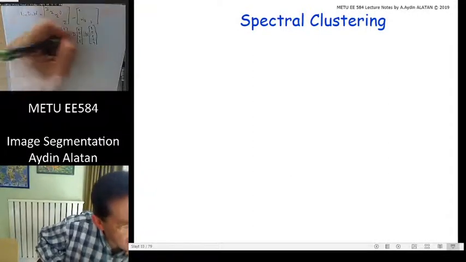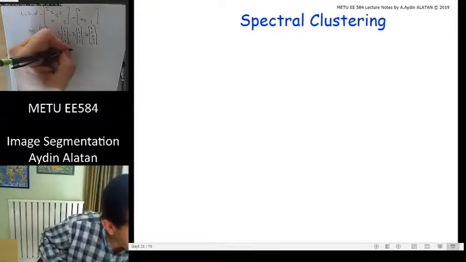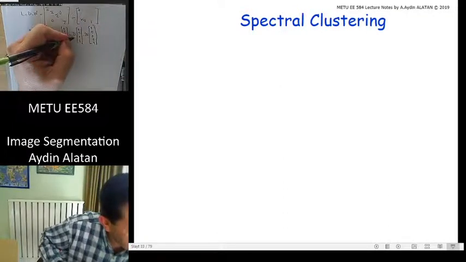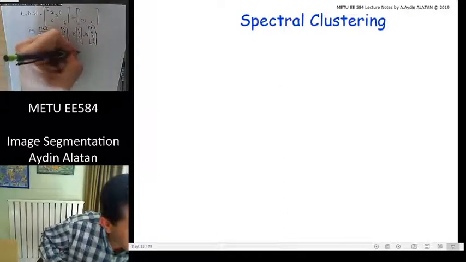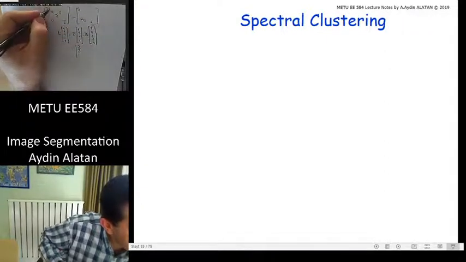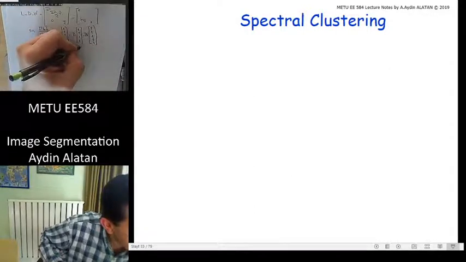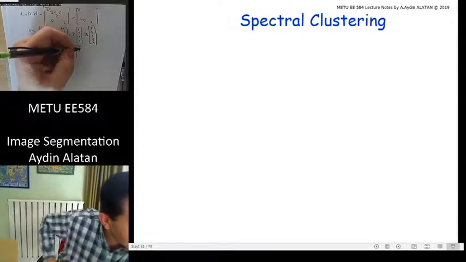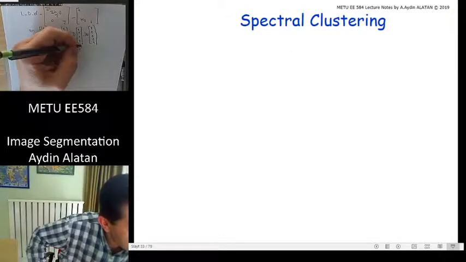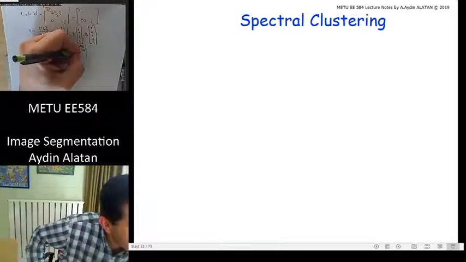Please note this is diagonal. Those diagonals at the end give you nothing but the summations, D1, D2, these are nothing but your summations of Wij's, which are equal to the corresponding 1J, 2J, and it goes on like this.